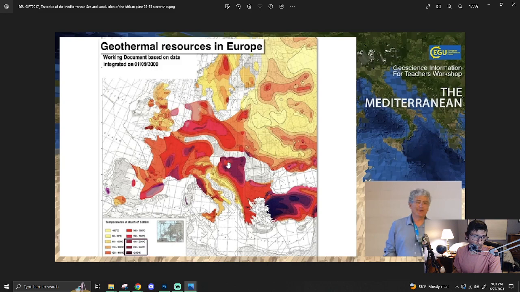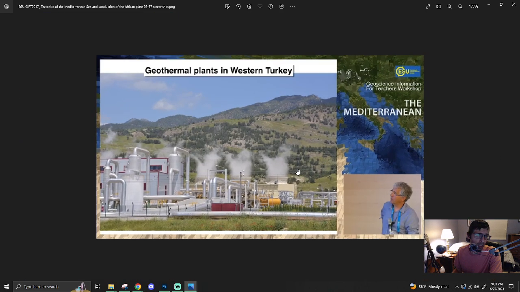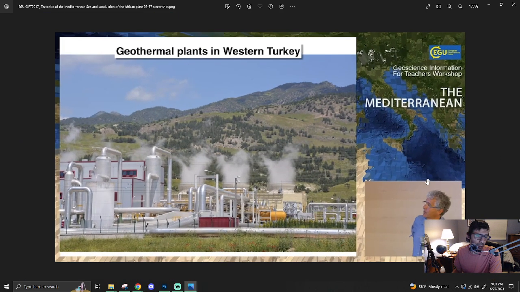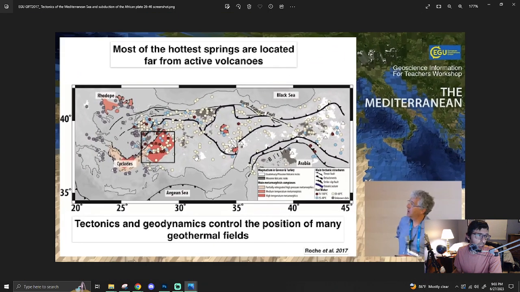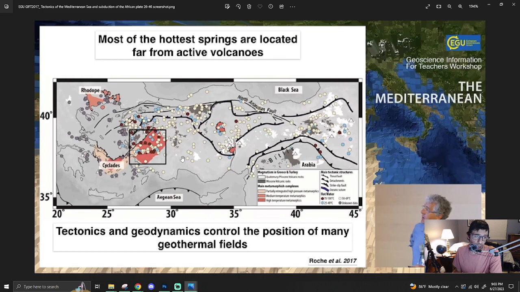Unfortunately, that's all the map we see, but especially there. Some plants there, because of how much geothermal energy there is in Turkey.